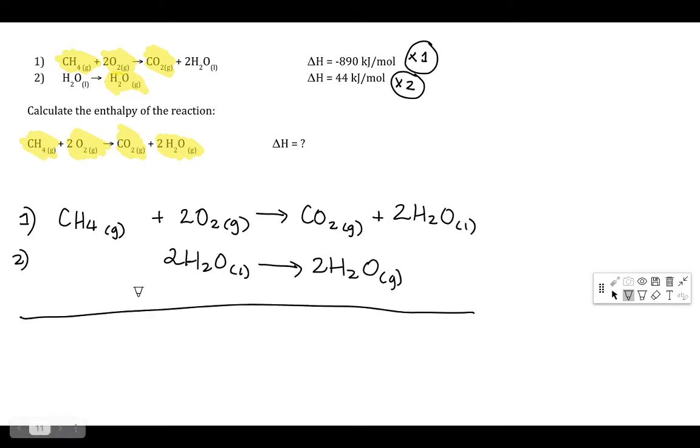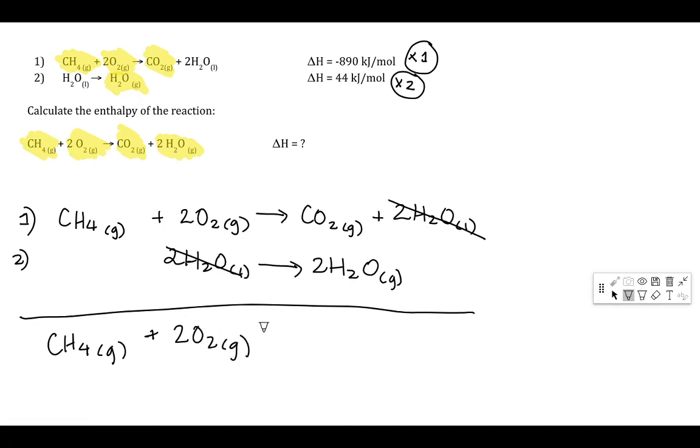Okay, I'm going to try and cancel out whatever I can before I combine these reactions. And I see that I have 2H2O liquid on both the reactant side and the product side. After that, I'm just going to add up and see if this is exactly my target reaction.